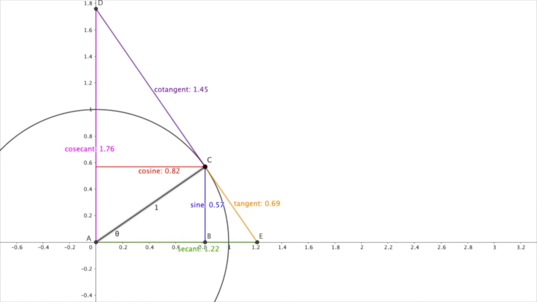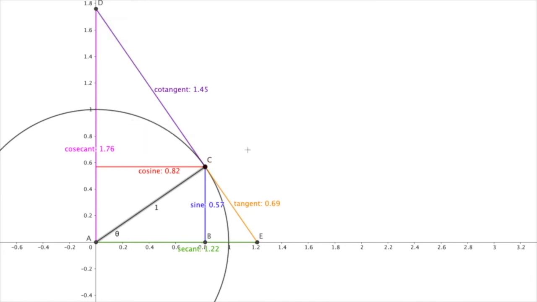And so that means that if we draw a tangent to a circle, so the DCE line, then the sine dropping down from the point where the tangent is, times the distance from 0 up to where the tangent hits the y-axis, when we multiply them together we must get 1.